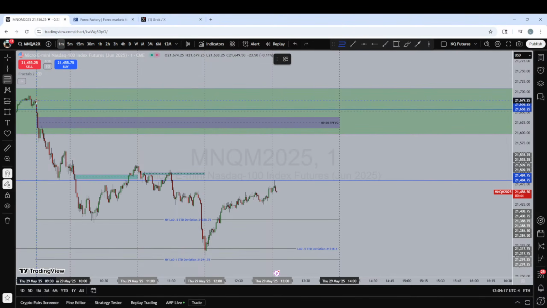If I put that fib here at the high and then at the low, you see how the 0.5 standard deviation is right there, and the one standard deviation is literally there. It came really close to it, and the reason it didn't close it, in my belief, is because it hit the low of the day at the 0.5 standard deviation, and then it rallied.